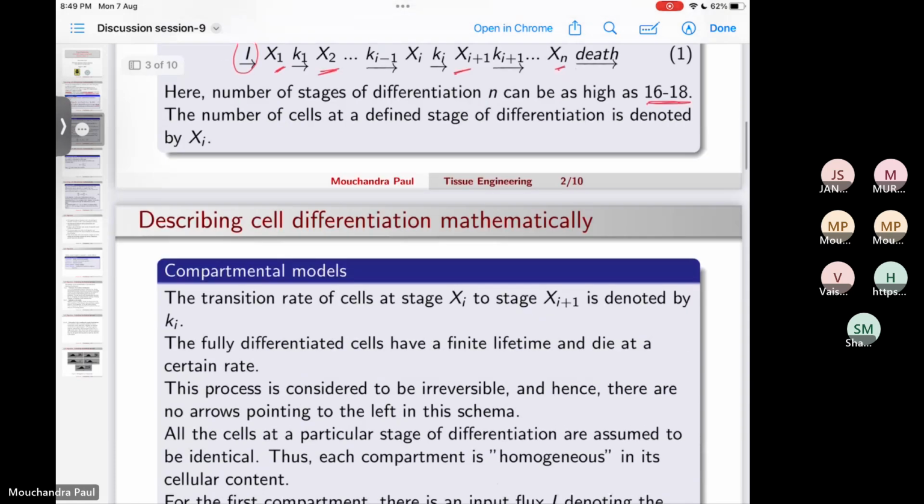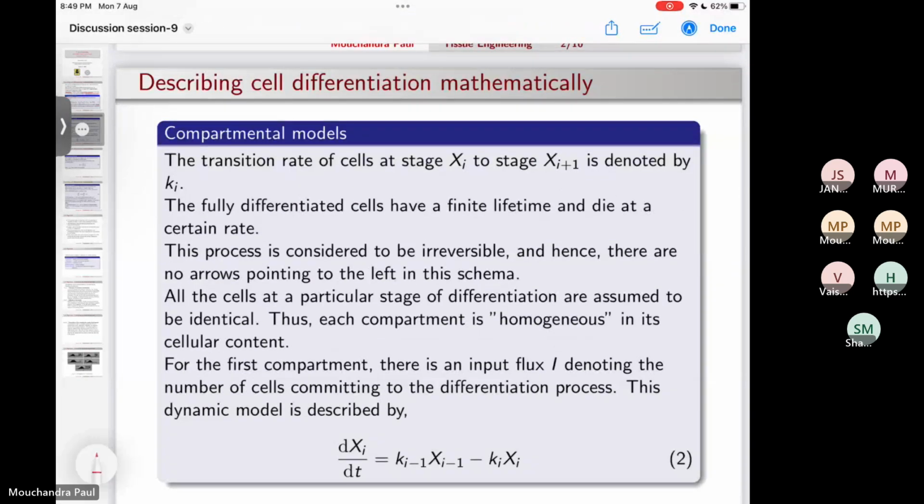And here ki, or K1, K2, what are those? Those are called transition rates. That is the rate at which the cell at, say, stage 1 is undergoing change and then entering stage 2. So the transition rate of cells from stage xi to stage xi plus 1 is denoted by ki.